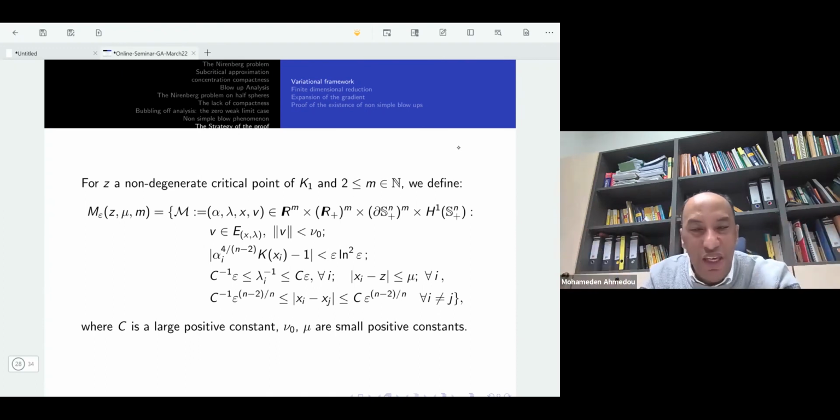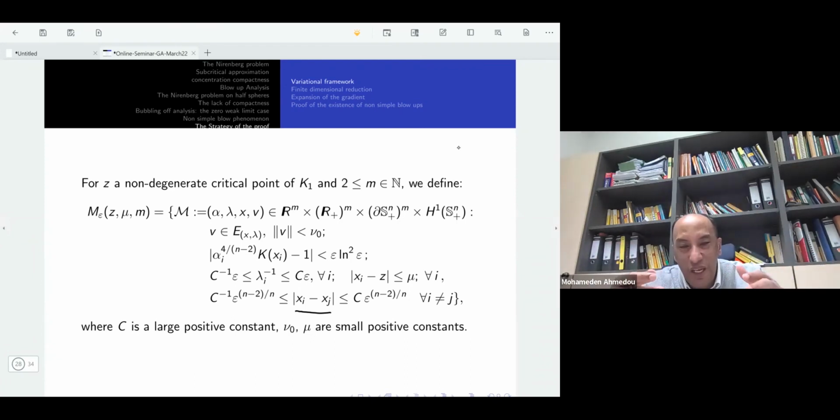And then this alpha is a gluing parameter, describing how it is possible to glue more than one bubble. And now this V, in the Struwe decomposition, is the remaining part, which is small in the H1 norm. And then you look at this family where now you want to produce a non-simple blow-up. For this, first, you have to know that all the points will converge to the same point.